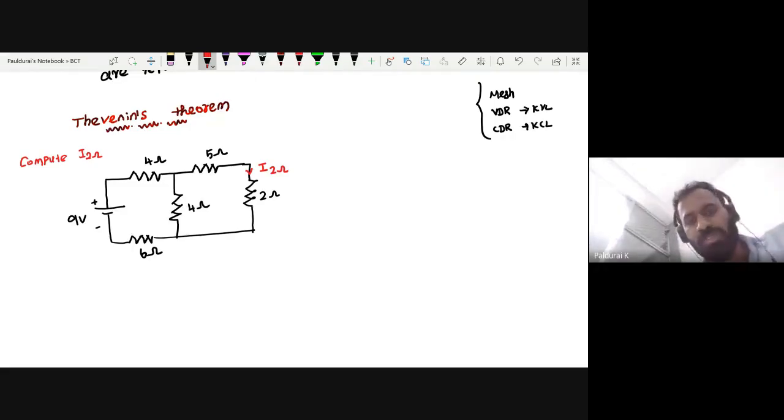Apply mesh analysis, obviously. Find I1 and I2. I2 will give you the current flowing through the 2 ohm.